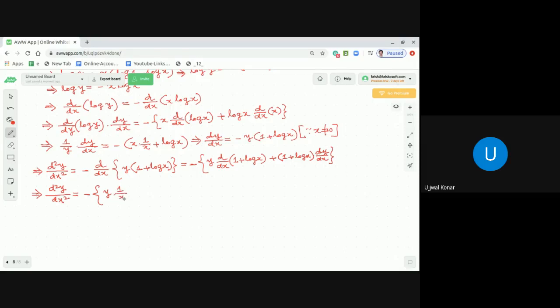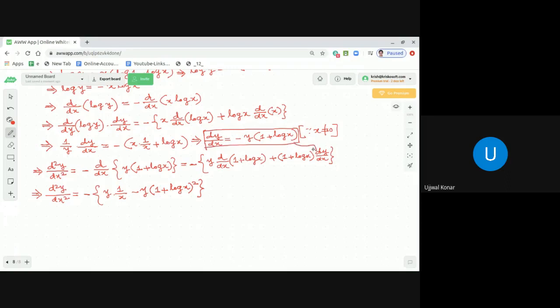So that is y into 1 by x, plus 1 plus log x into dy dx. dy dx is equal to minus y into 1 plus log x, so we get minus y into 1 plus log x complete whole square, because the value of dy dx is actually minus y into 1 plus log x, which we are applying here.